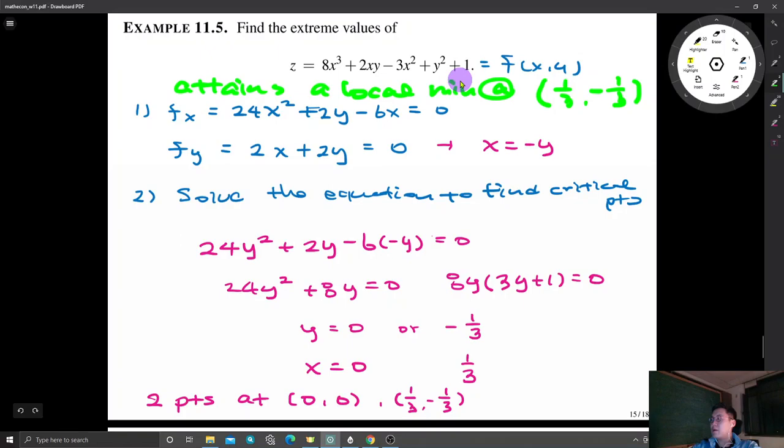Right, in the second example, we have some function involving the exponential function. Okay, it does not matter. We can follow the same procedure.